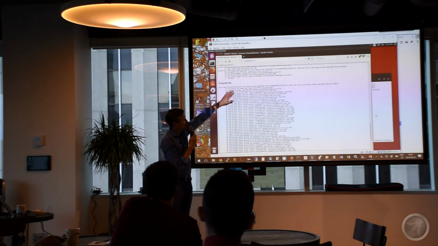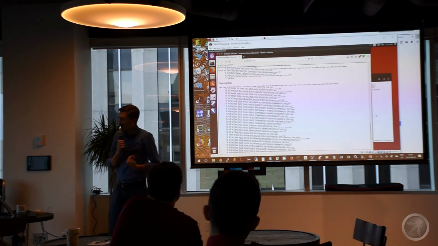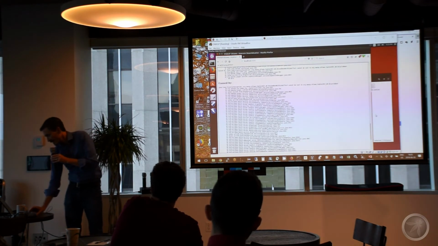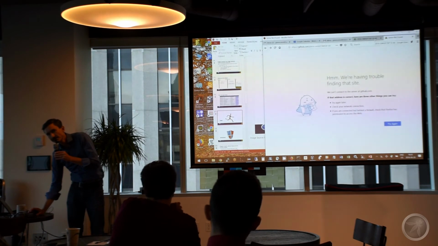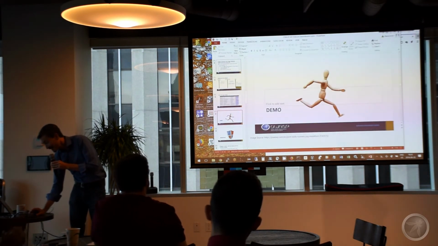It's also interesting to look at how it's implemented here, the stack trace. So basically that's our demo. Any questions? Yeah, it's a calculator.